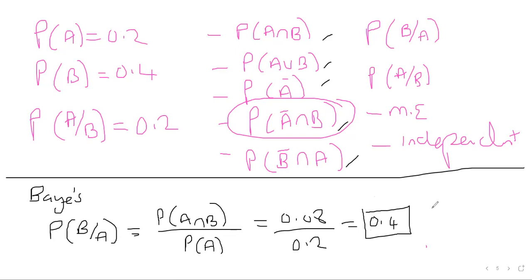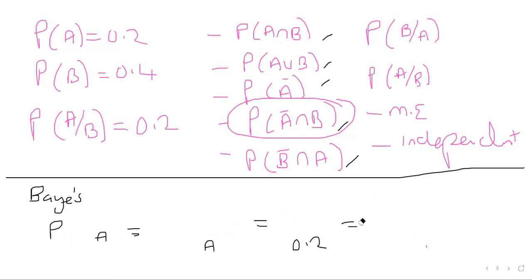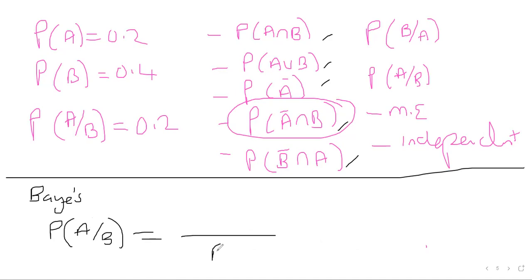How about our A given B? Already it is given there. It's just for the sake of you learning the principle. A given B. So A given B, who can expand for us? How do we expand A given B? So we'll get our denominator first. So probability open brackets B at the bottom. Correct.